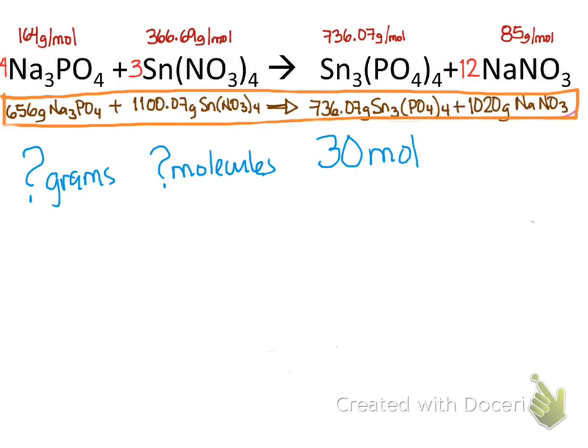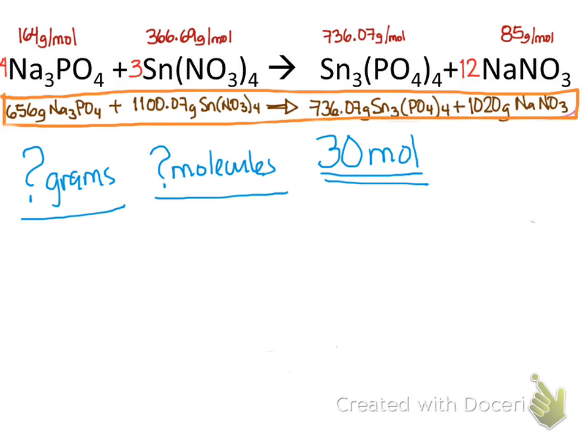If from the same reaction I give you 30 moles of tin 4 phosphate, and I ask you to calculate how many grams of sodium phosphate and how many molecules of tin 4 nitrate you will need, we have different options. We can work from the beginning with moles.